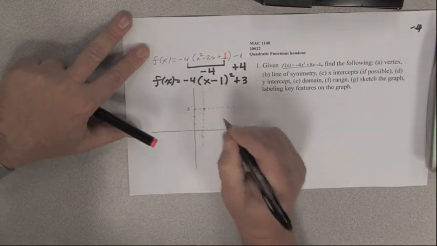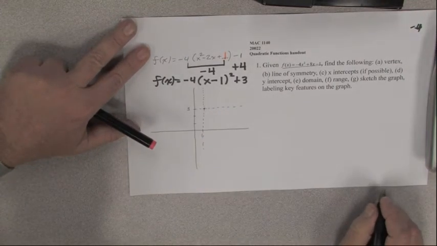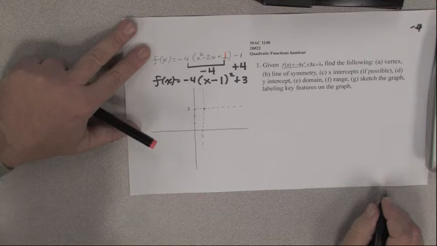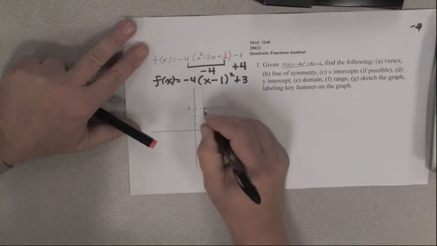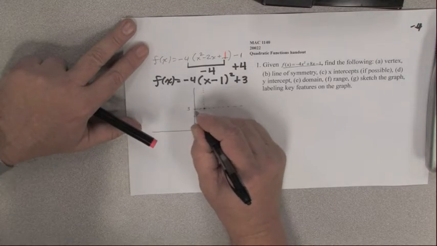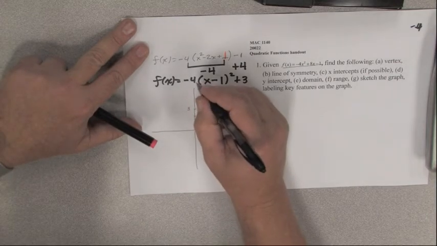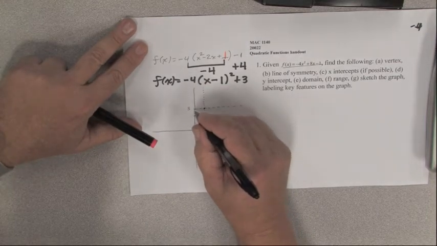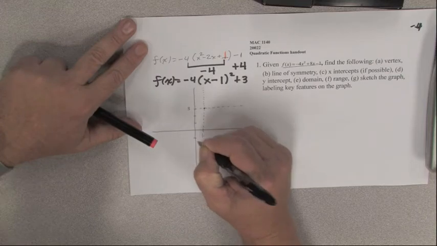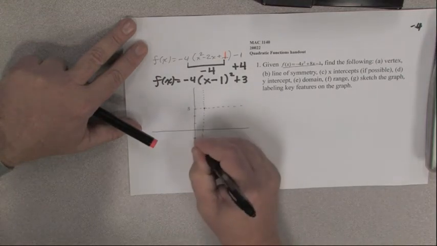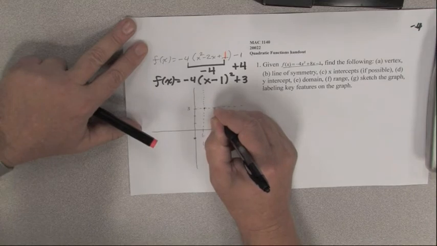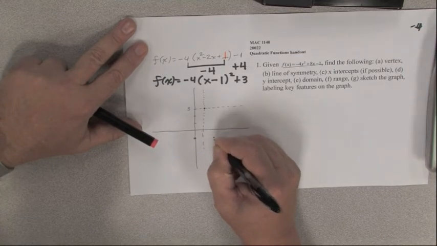So starting from the vertex, it's going to be 4 times as skinny as a normal parabola. In the normal parabola, if it was opening down, it would go over 1, down 1. But now because the coefficient is negative 4, it's going to go over 1 and down 4.